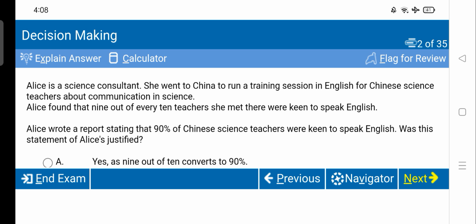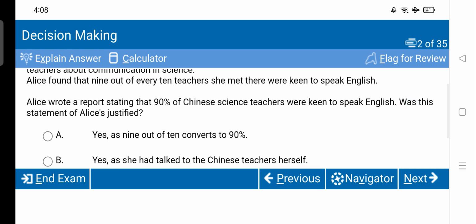Alice found that 9 out of every 10 teachers she met were keen to speak English. Alice wrote a report stating that 90% of Chinese science teachers were keen to speak English. Was this statement of Alice justified?